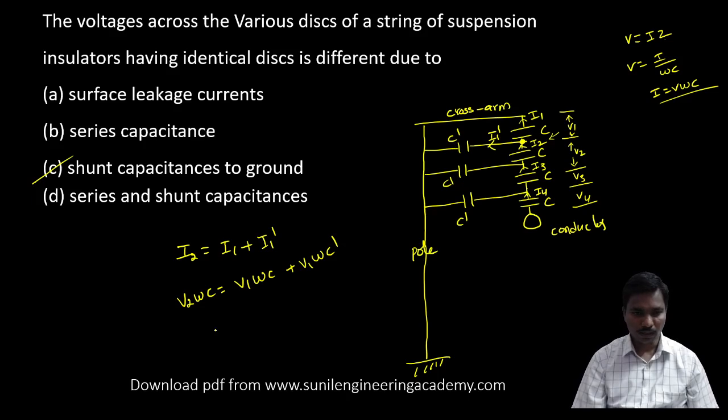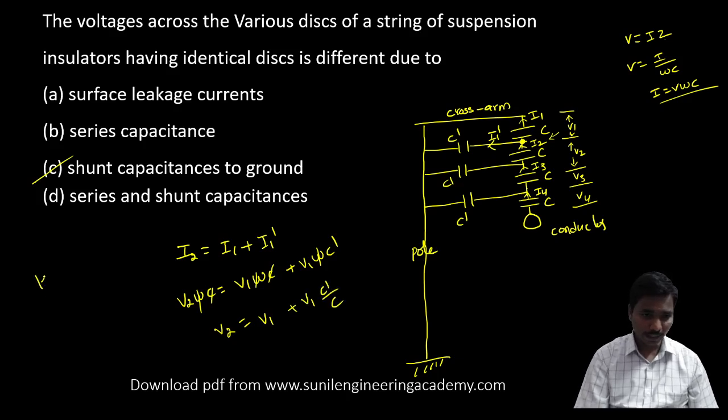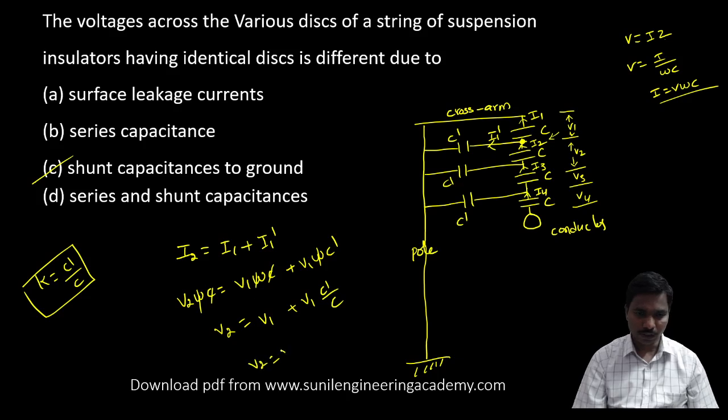From this we get V2 equal to V1 plus V1 into C dash by C, cancelling omega and C. Let us take K as the factor, K equal to C dash by C. Then V2 is equal to V1 plus V1 into K, so V2 is equal to V1 into (1 plus K).